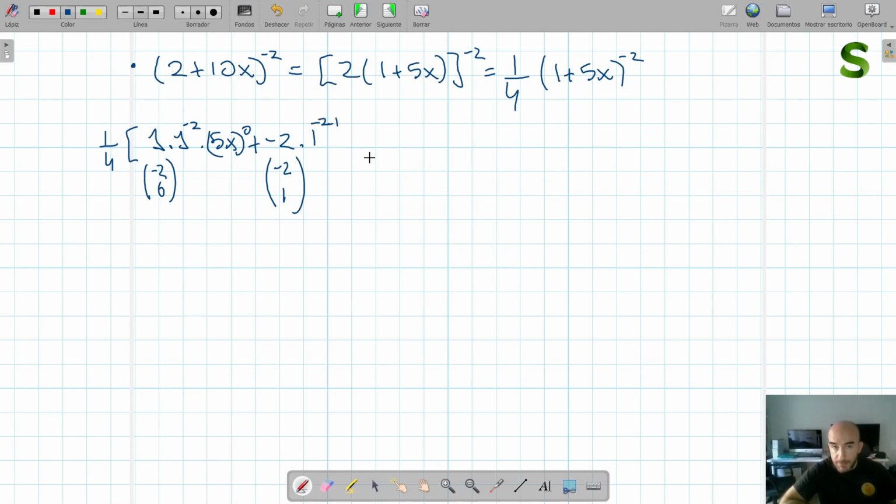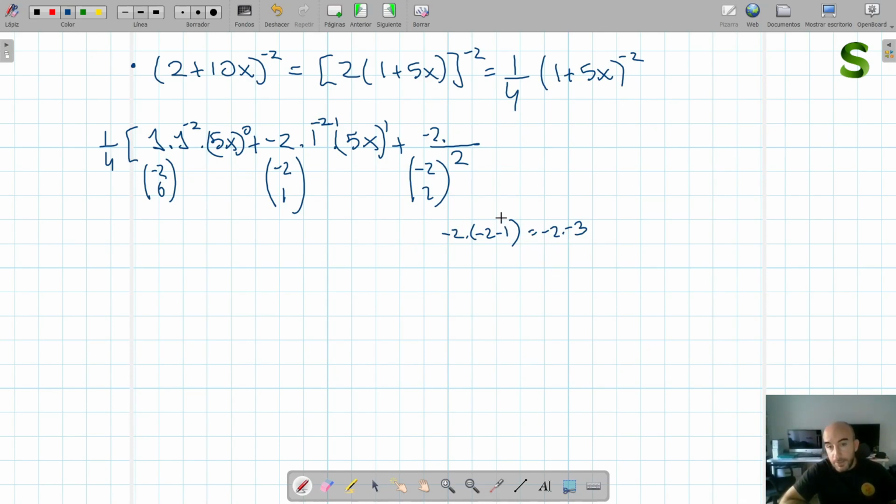I don't care, that's going to be 1. Times 5x to the power of 1 plus minus 2 over 2. And that's going to be 2 factorial, which is 2, minus 2 times minus 2 minus 1, which is minus 2 times minus 3.